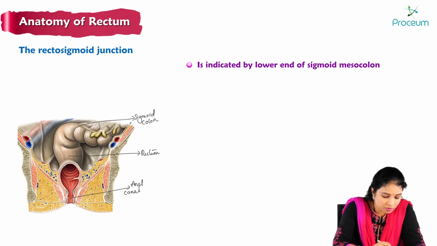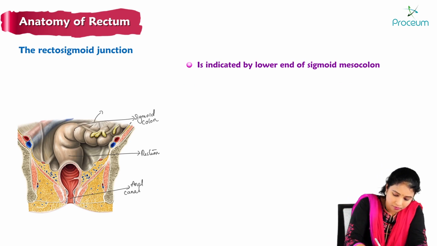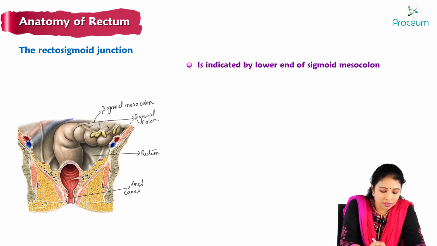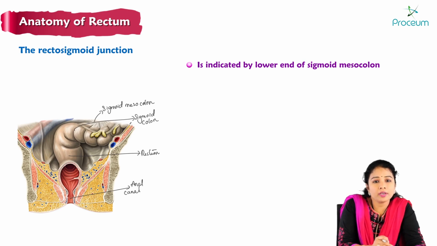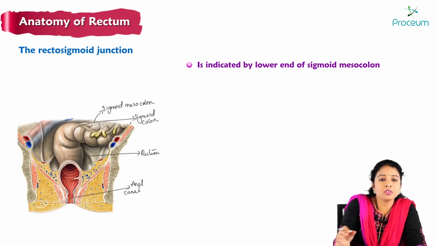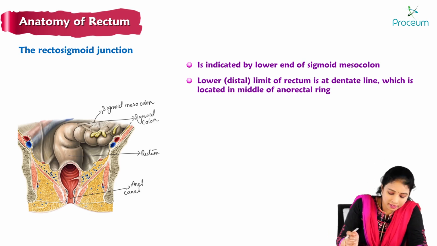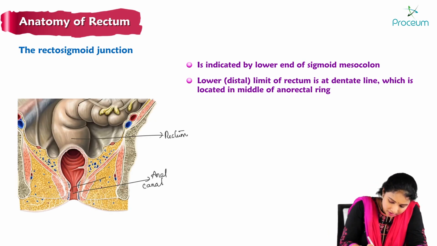Sigmoid mesocolon is a peritoneal reflection. The lower or distal limit of the sigmoid mesocolon indicates the recto-sigmoid junction, and the lower distal limit of the rectum is indicated by the dentate line. So this wavy margin is the dentate line.